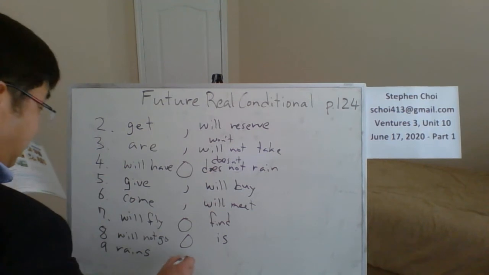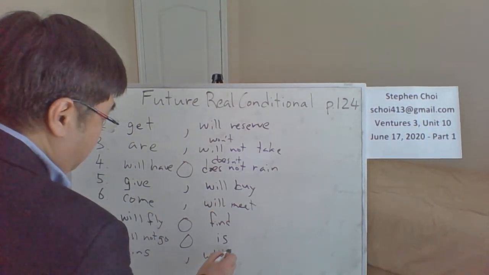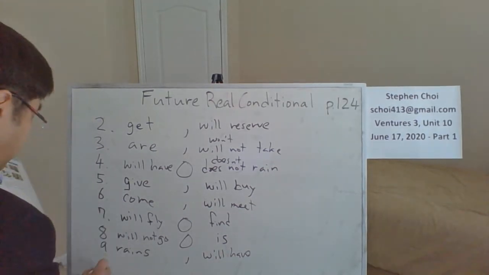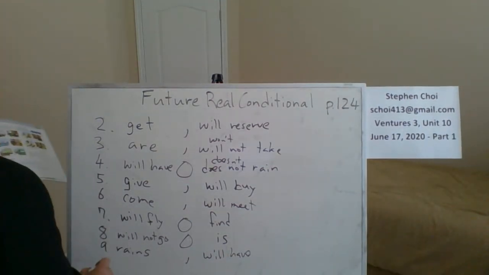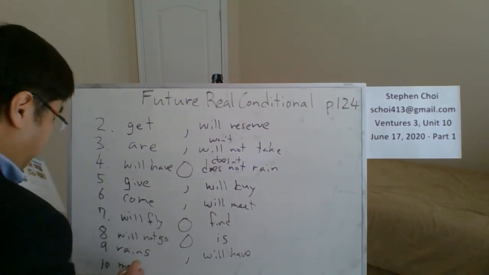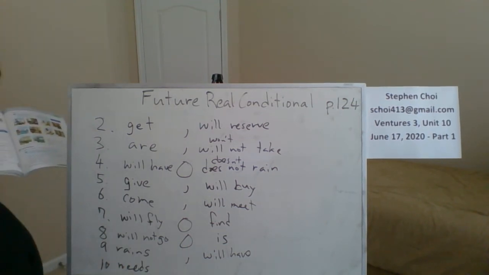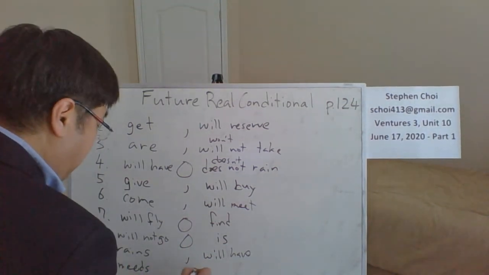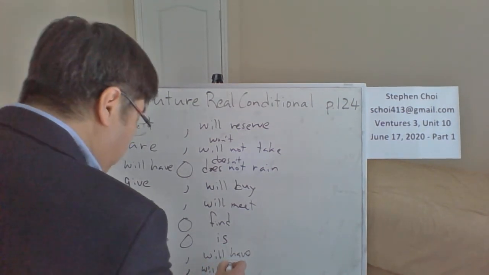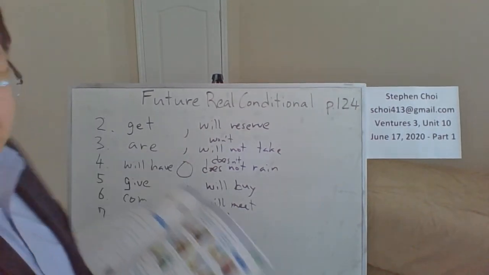If it rains, comma, we will have the party inside. And the last one, number 10. Number 10 is if she what? If she needs, third person singular. If she needs a rental car, she will look for one online.